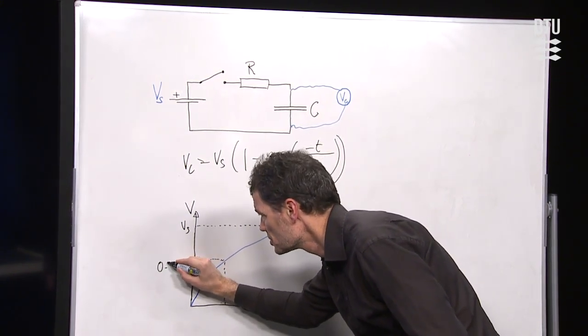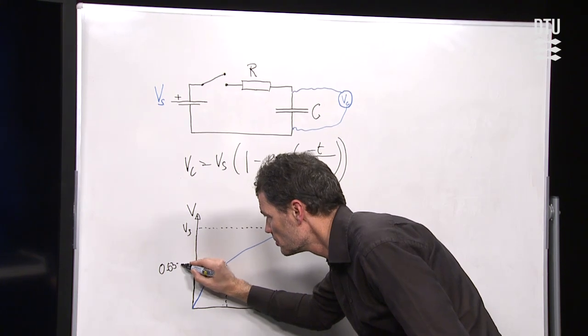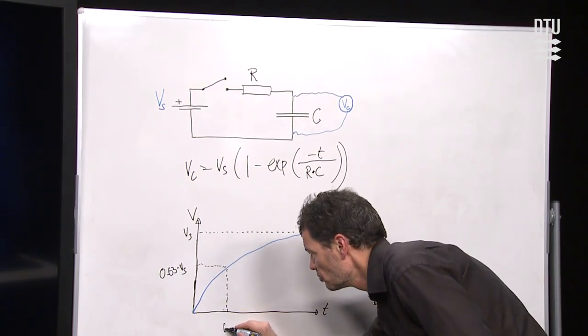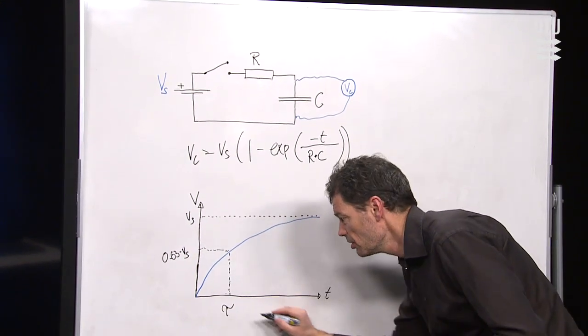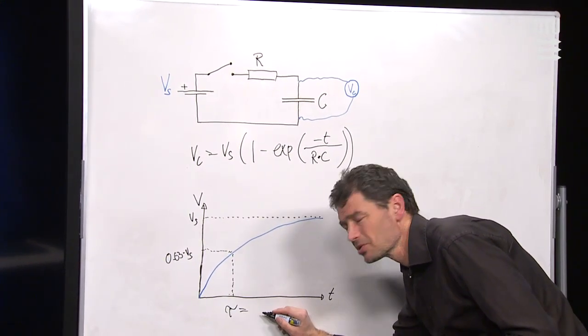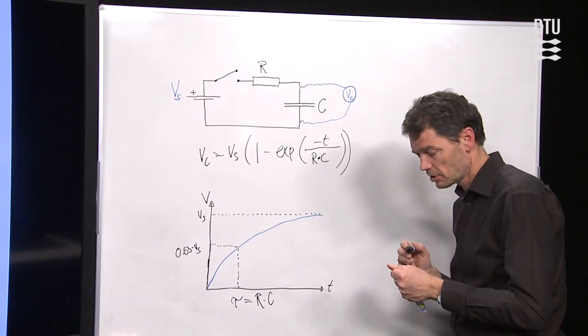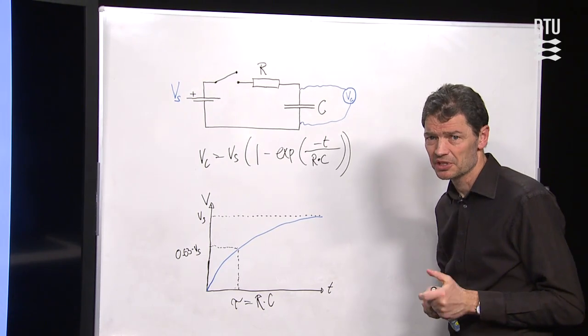So here we have 0.63 times Vs. And this time constant, we very often call simply tau, and it happens to be equal to R times C from our equation and from our definitions up here.